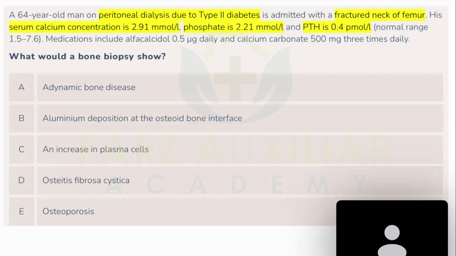The question is, what would a bone biopsy show? They have given both adynamic bone disease and osteitis fibrosa cystica in the options. I think we all know that it will not be increased plasma cells or aluminum deposition at the osteoid bone interface, right? So the options are between A, C, and E.